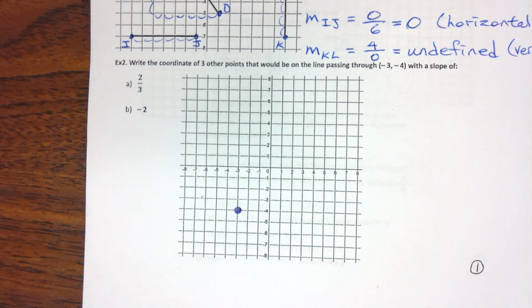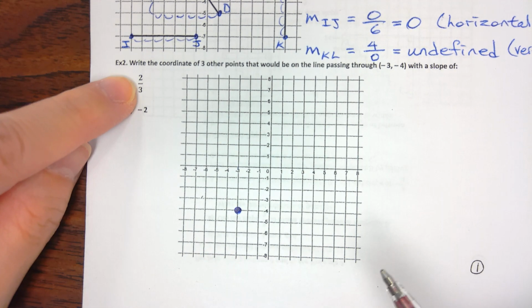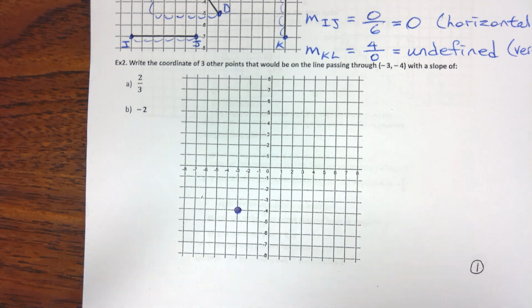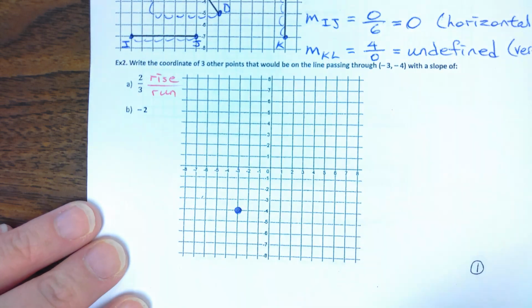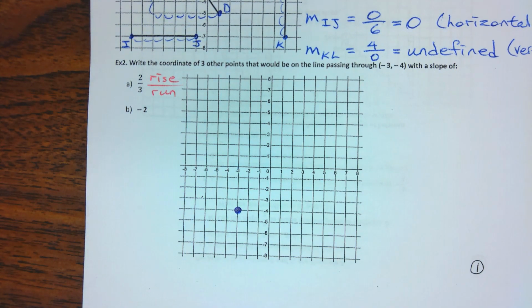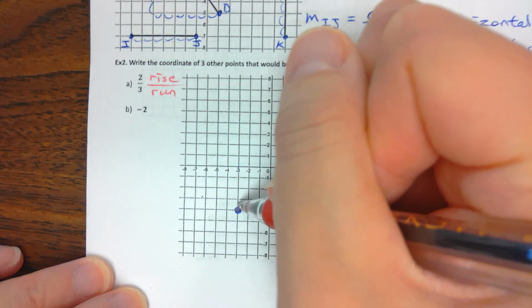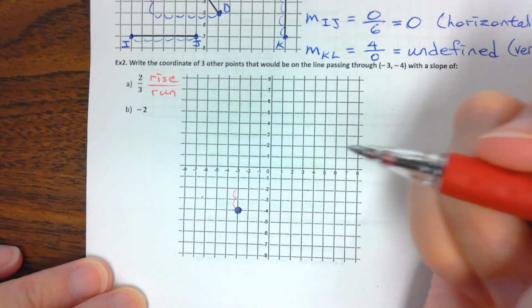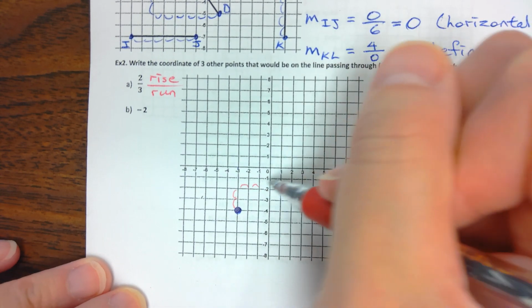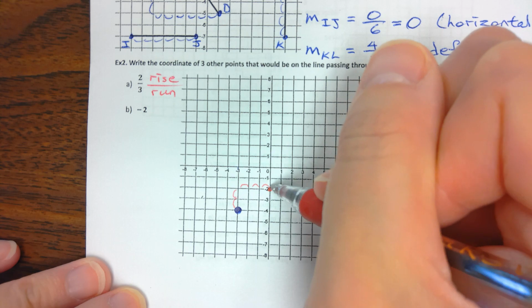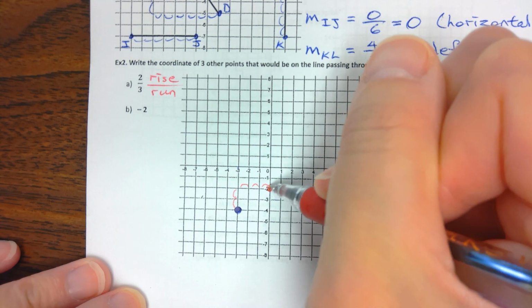Now from this point, I'm going to do my slope. 2 over 3 means my rise is 2 and my run is 3. So from this point, I'm going to go up 2 floors and I'm going to run to the right 3. And that will give me my second point.